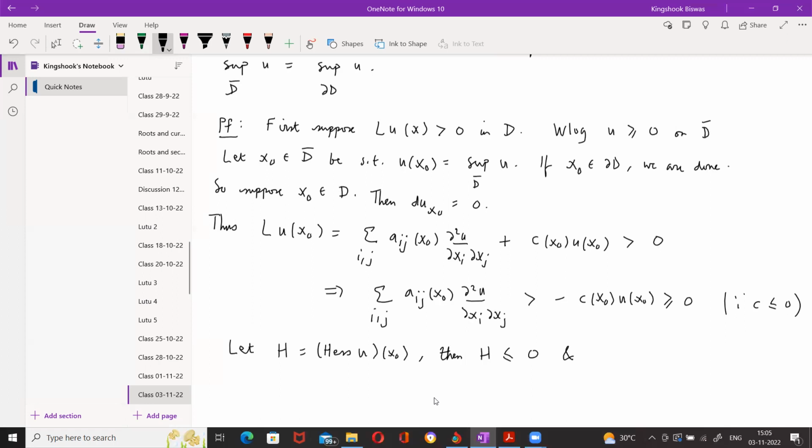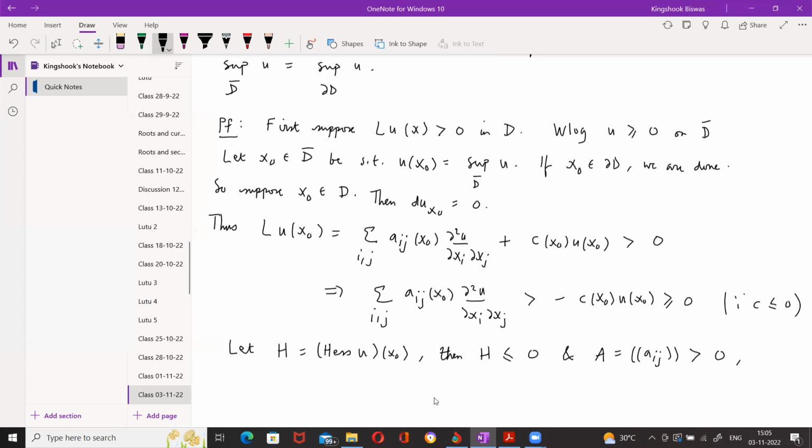Because this x naught is a maximum, the Hessian is negative semi-definite, right? And this matrix A equal to aij, this matrix is positive semi-definite, right? Because the operator is elliptic. But what is this sum here?